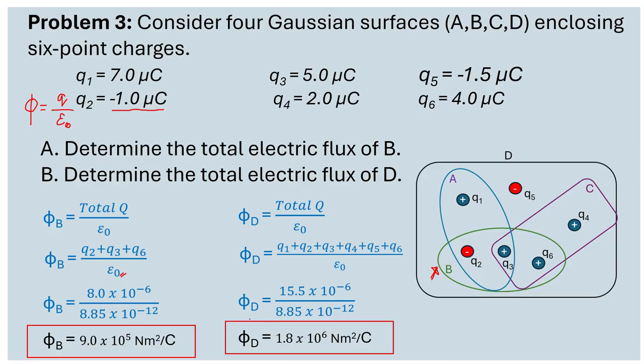It means this amount is much bigger compared to the amount of B. And obviously, because Gaussian surface D covers more electric charges inside its container, while Gaussian surface B is just covering Q2, Q3, and Q6. Okay, so that's it.